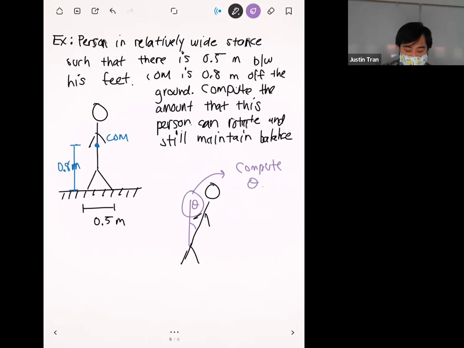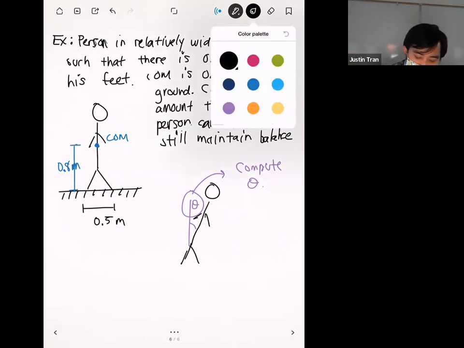Any questions on the example setup? All right. Let's go back to our definition of what it means to keep balance. As long as the center of mass is within this imaginary cone, within our base of support, then we're going to keep balance.